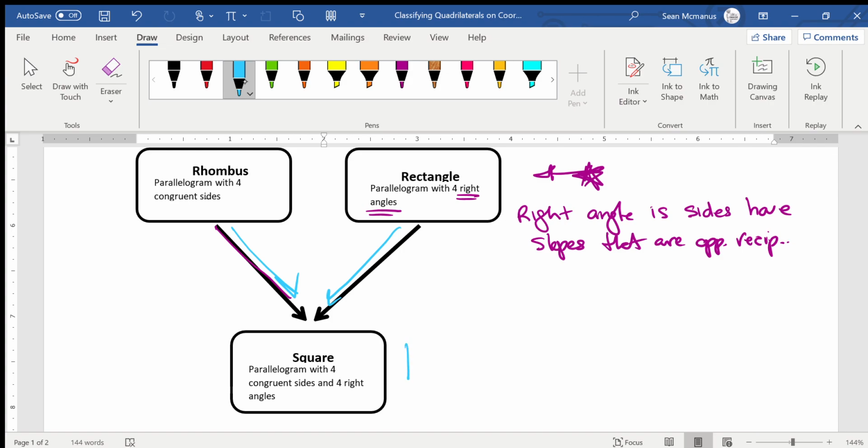You guys know what a square is, we see it every day. There's 4 sides, they're all the same length, and they all have 90-degree angles. But a square is a type of rectangle. We typically think of a rectangle being longer in one direction, but technically this square down here on the bottom is a rectangle, but it's not the most precise name. That's why when we say classify, we're trying to give the most precise name.